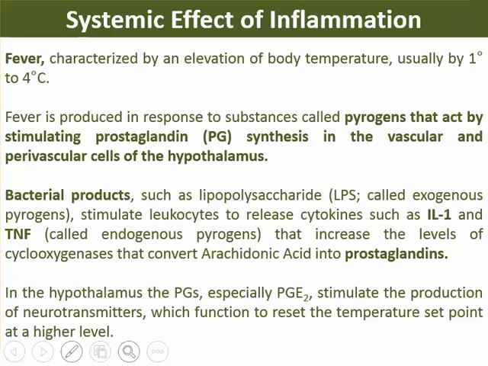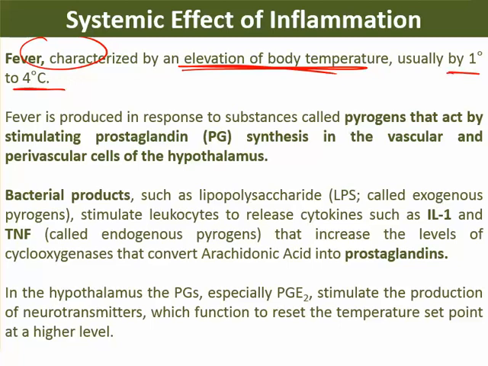Whether he has inflammation in the oral cavity or in any part of his body, the patient comes with fever. In acute inflammation I discussed why the fever comes: because of increased prostaglandin. Fever is characterized by elevation of body temperature by 1 to 4 degrees centigrade.